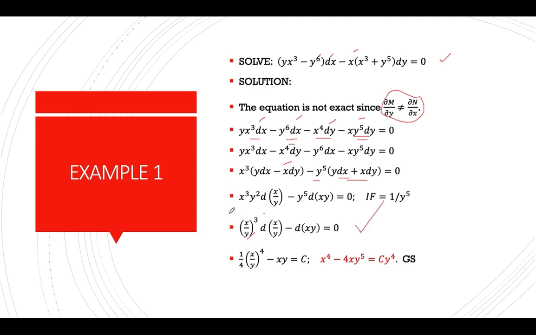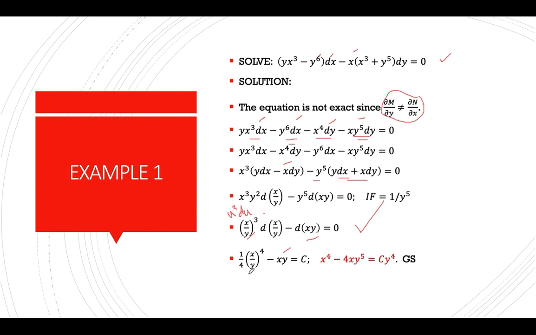This is u cubed, so u to the power 3 du. So the integral of u cubed is u to the 4th over 4, or x over y to the 4th over 4. And the integral of the derivative of xy is xy.